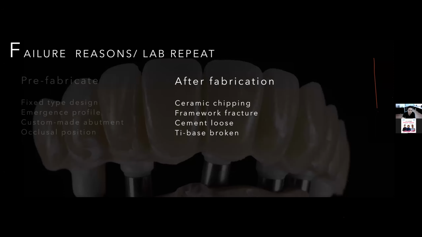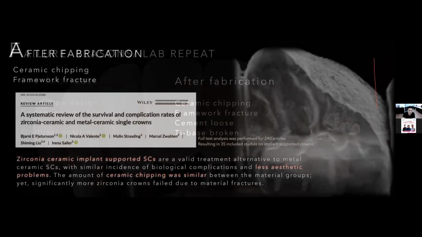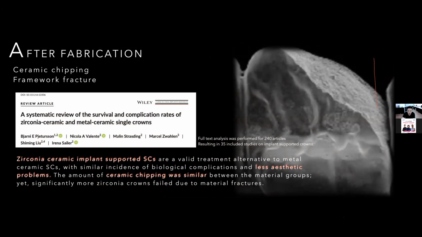After application, the repeated problems we always meet are ceramic chipping, framework fracture, cement loosening, or the screw being broken. This is easy to happen in our work. Why? Because, as I said, the implant restoration has no PDL. So it's very easy to get chipping, especially in our porcelain work.